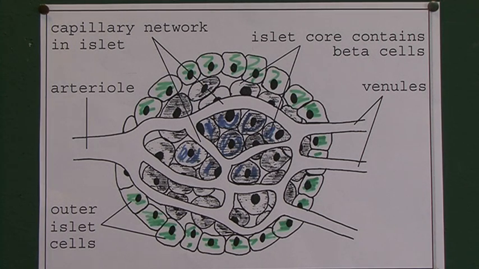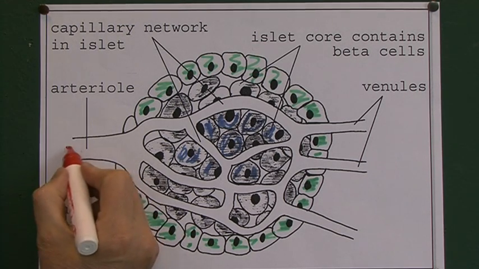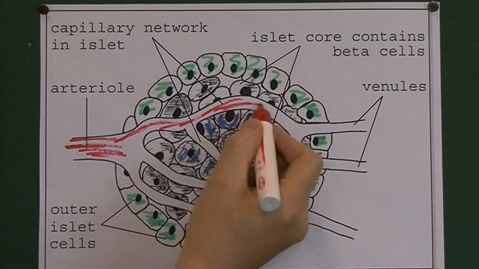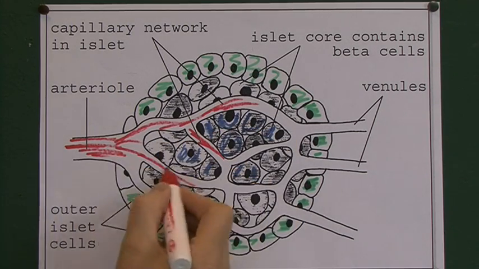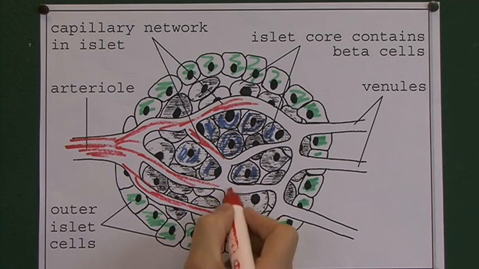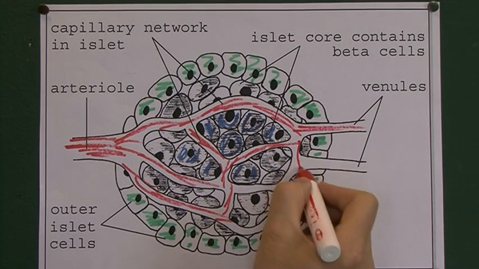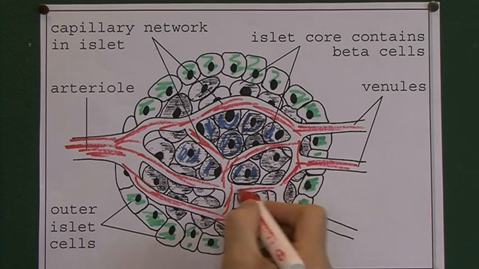And here we have an arteriole taking blood into the islet. This blood is going to circulate round capillaries in the islet, because remember it's endocrine. And an endocrine gland is one which will release its product directly into the bloodstream.